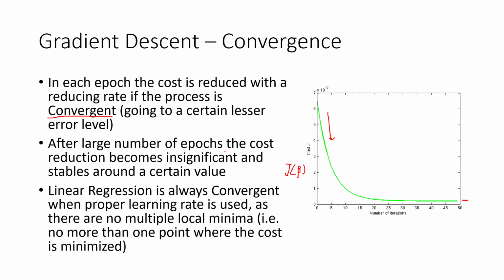Then the error reduction would be insignificant and come to a certain optimum value, right? This can be done. That means once you come to this optimum value, you can take this as the optimum value, because in linear regression there are no multiple minimas, no local minimas, as we discussed earlier, right?